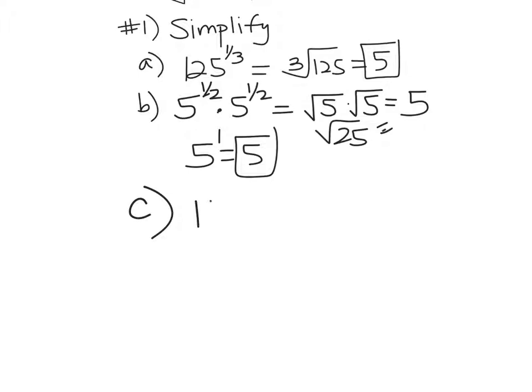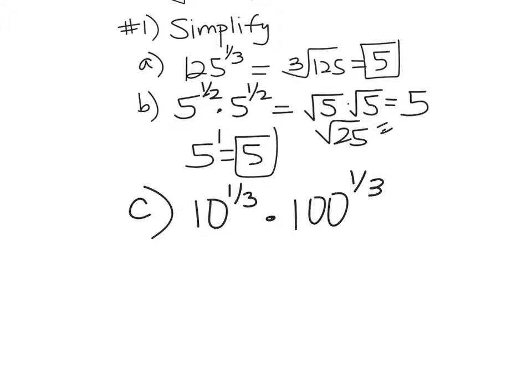10 to the 1/3 times 100 to the 1/3. Now, see here, you can't take those and add them up because they're not the same base. You can't do anything to the exponents. What we can do is rewrite them in their radical form, which is what we're used to.